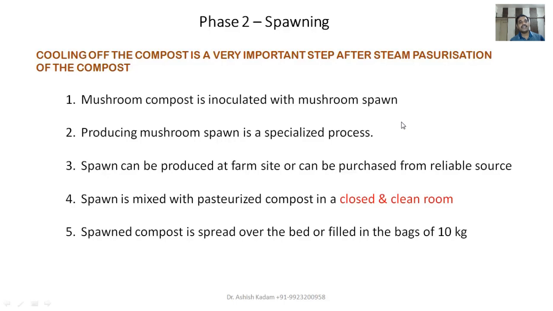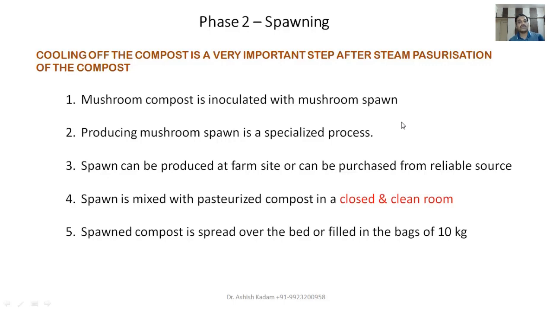So let us again understand a few points which we have discussed so far. Mushroom compost is inoculated with the mushroom spawn that we have discussed, which requires a laboratory. So producing mushroom spawn is a specialized process. If you can afford it, you can make the extra investment, hire a technician, and have your own laboratory setup.